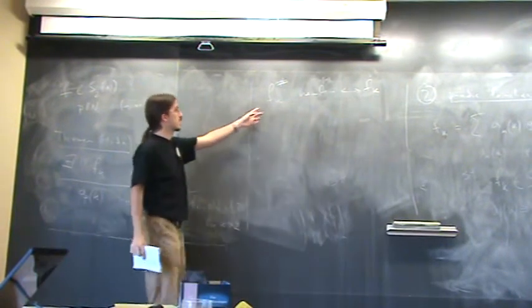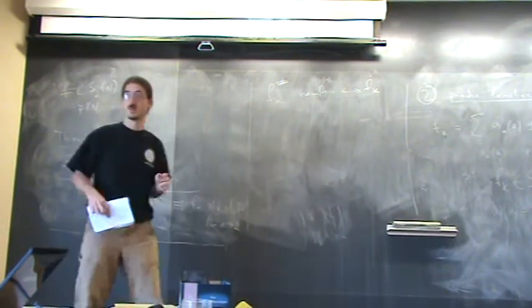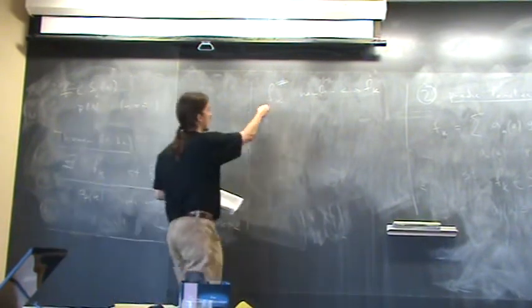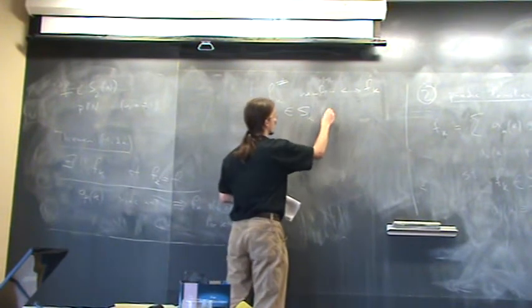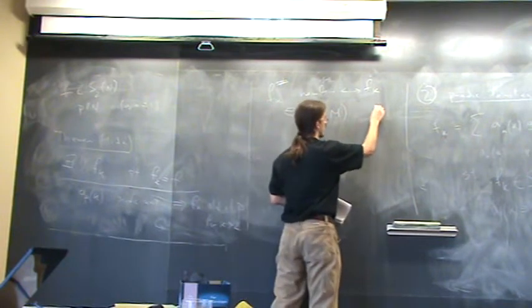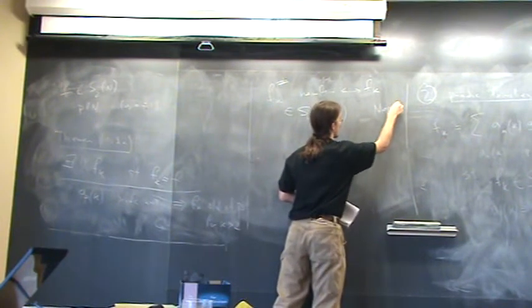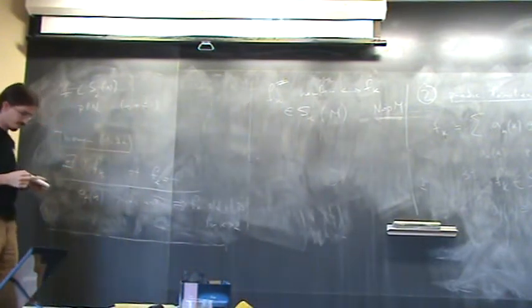This just means the eigenvalues are the same outside p. And F_k sharp is a modular form of weight k and level M, where I'm writing N equals P times M.